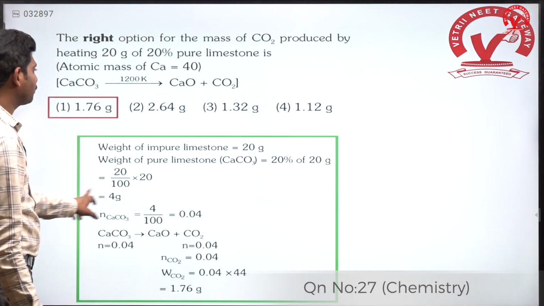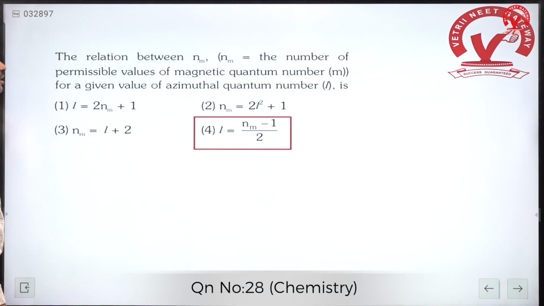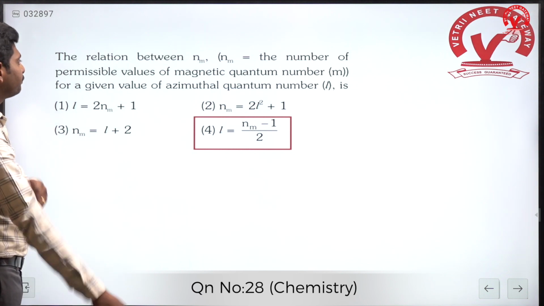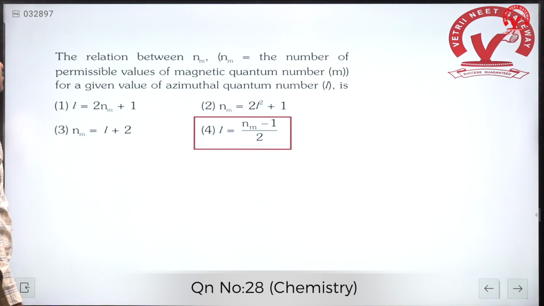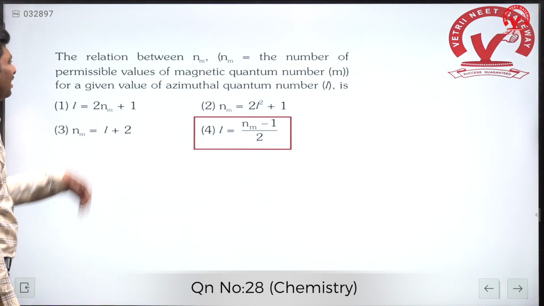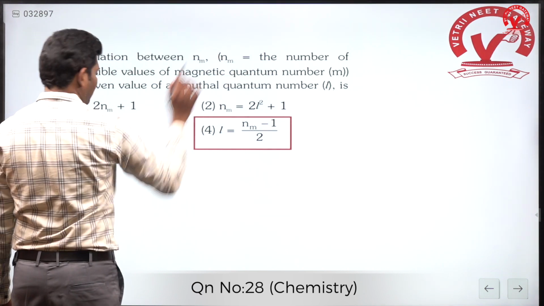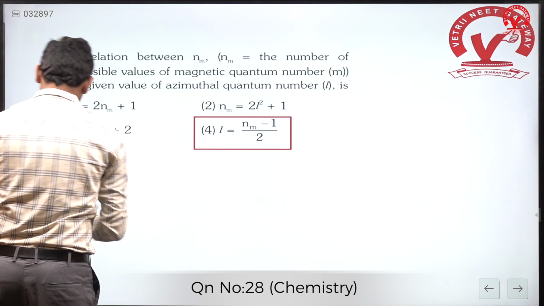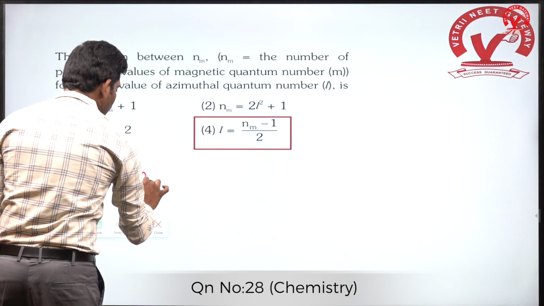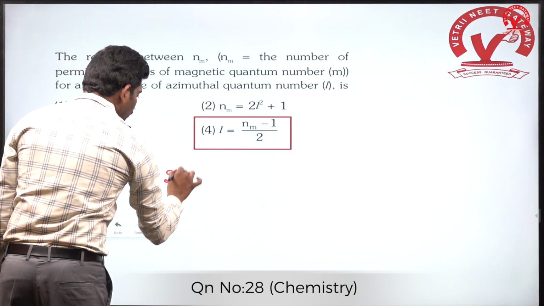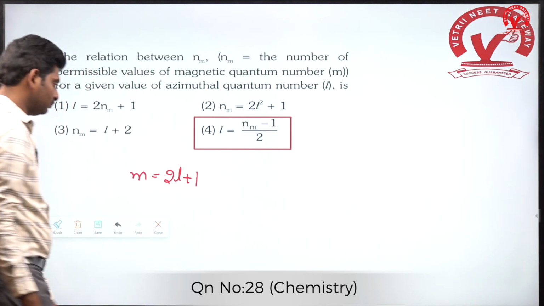Right. Next question, the relation between the number of permissible values of the magnetic quantum number. Normally we take small m in place of Nm also. The number of possible m values is equal to 2l plus 1, we know the formula.